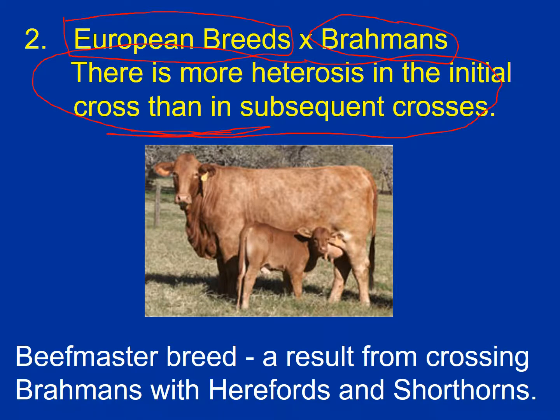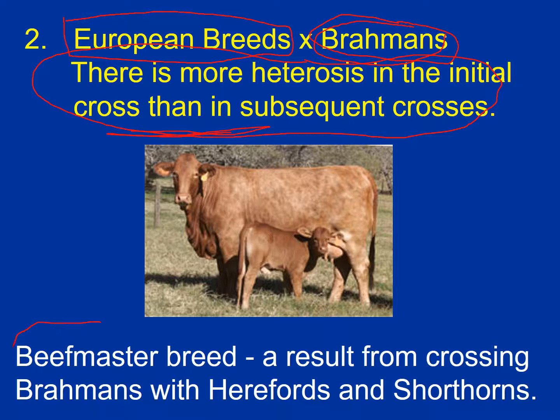So if you need heat resistance, also animals that are longer lived, do better on poor quality forages, we can introduce some Brahmans. Disadvantage of Brahmans is they tend to be lighter muscled with poor meat quality. So we don't tend to raise Brahmans or Brahman crosses in Minnesota, but if you go down south to Texas, Alabama, Florida, you'll find a lot of Brahmans and Brahman crosses.